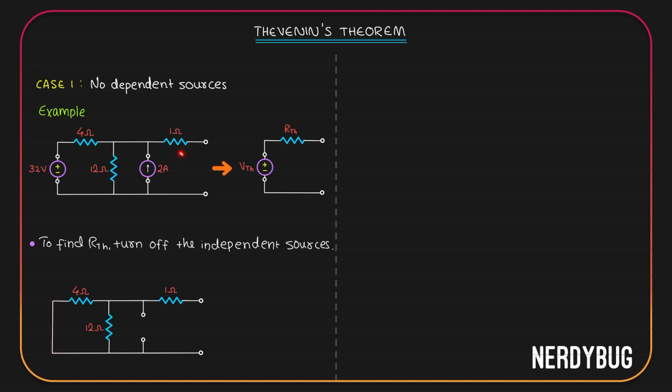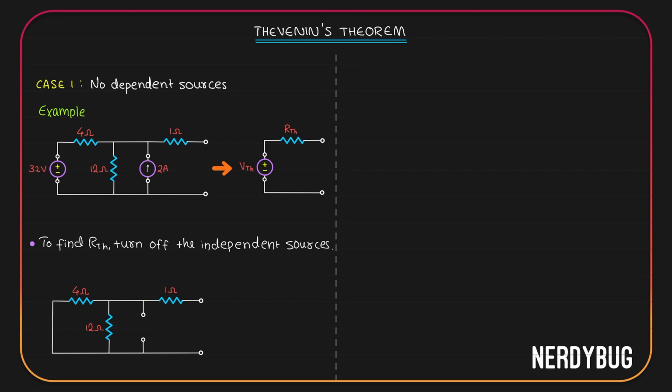When we say turn off a current source, we mean the current should become 0. If I short here, obviously the current will not become 0. Current will flow here. So to make the current flowing through that branch 0, I have to open it. Now 0 current will flow through it. So whenever you have to turn off a voltage source, short it. Whenever you have to turn off a current source, open it.